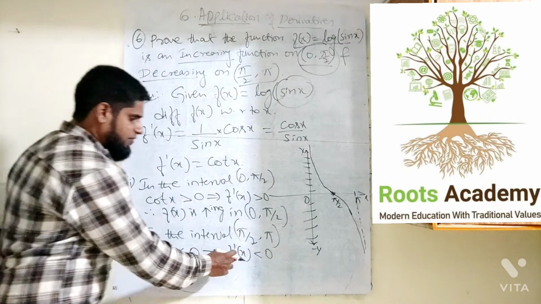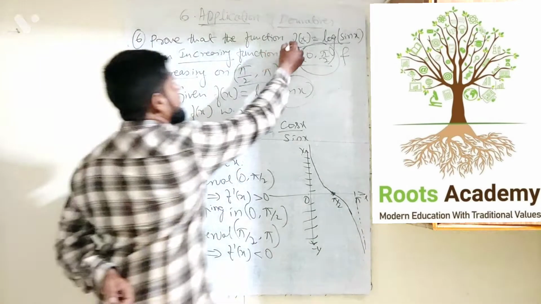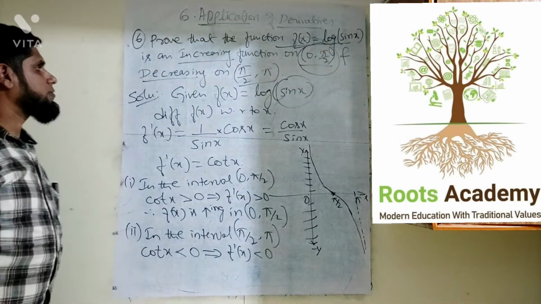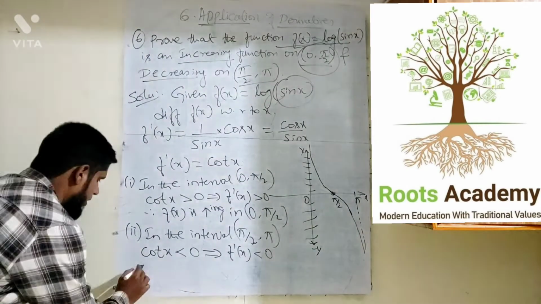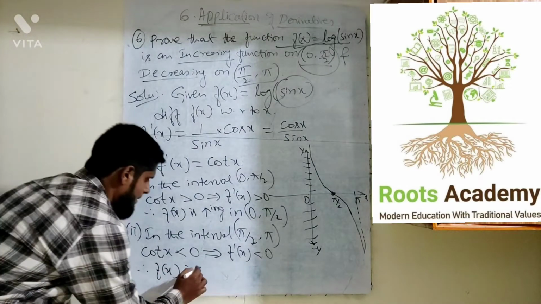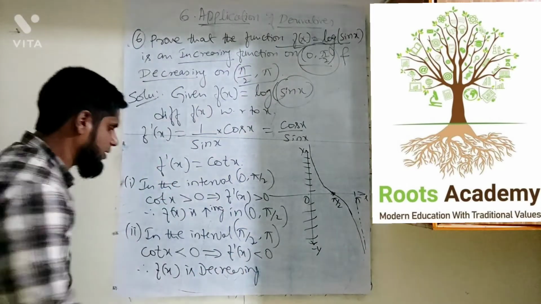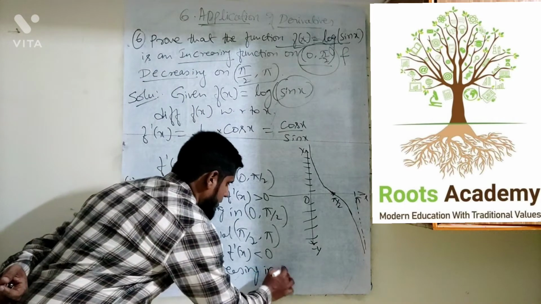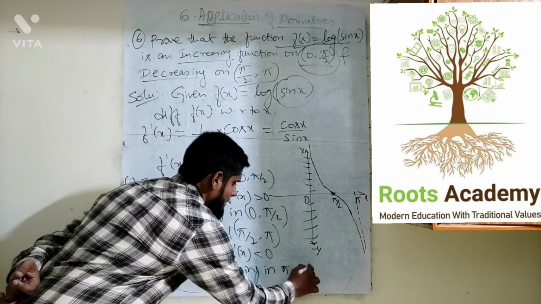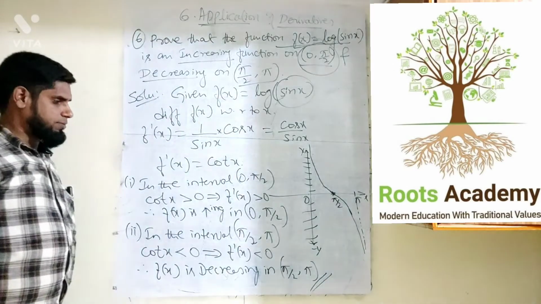The moment I say f dash of x is less than 0, obviously the function is decreasing. Therefore, f of x is decreasing in the interval pi by 2, pi. This is the answer.